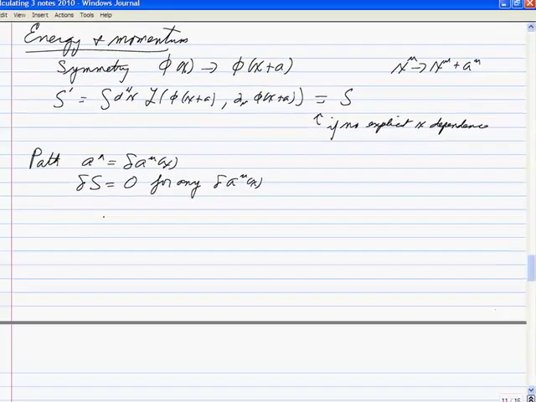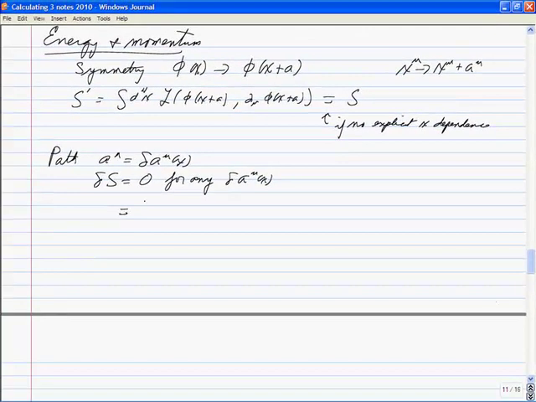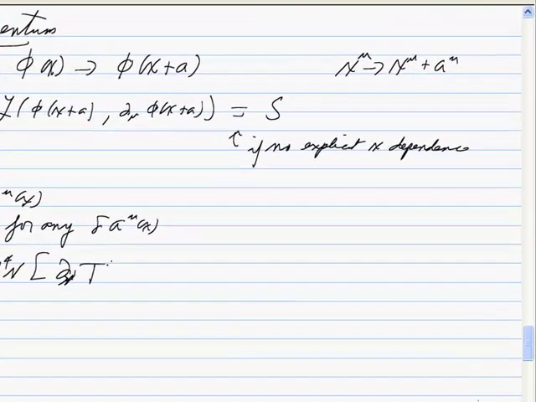And then you go into the heart of it, and play silly math games, and write this as the d mu, d nu T nu mu delta A mu.